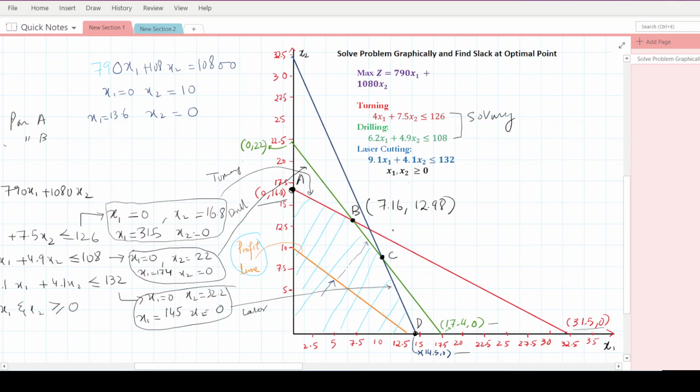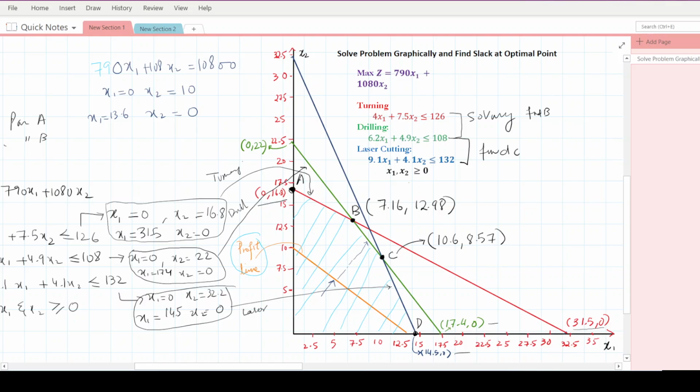For point C, which is found by the green and the blue line, you have to solve these two equations simultaneously. The coordinates of C that I found, which you should try yourself, are 10.6 and 8.57.